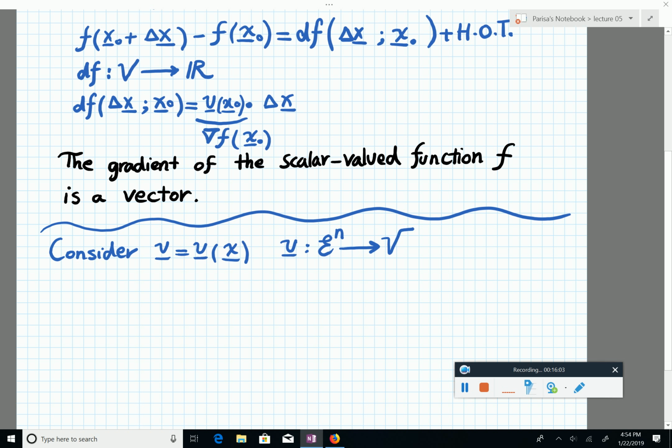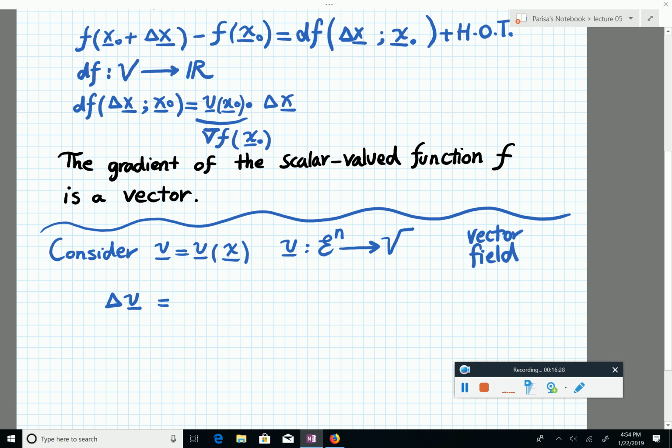I call it in general a vector field, but as engineers we like to have some more, and I do exactly what I did before. I want to get the gradient of this function. That's where I'm going. I look at the change in this function.